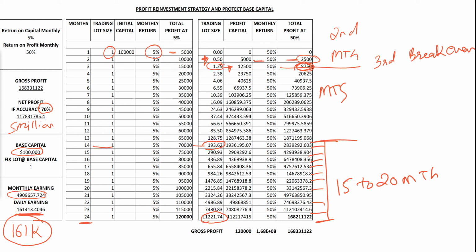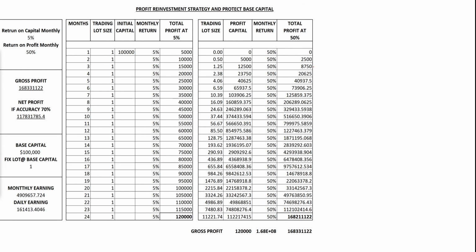From the third month, you will reach your break even point, $5,000. As you can see, the total profit is only $120,000.